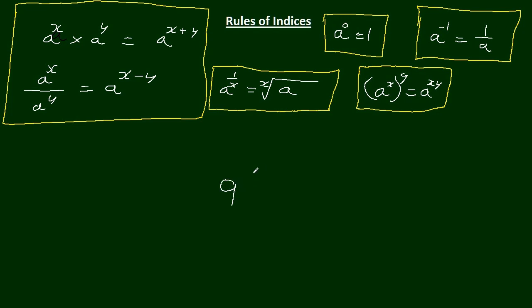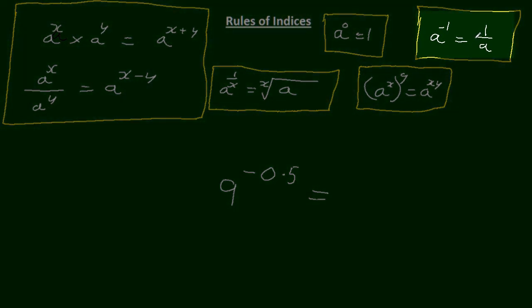9 to the minus 0.5. Well, 0.5 is the same as a half. But my way of doing it is always get rid of this negative first. We know that that makes it a reciprocal, this one here.